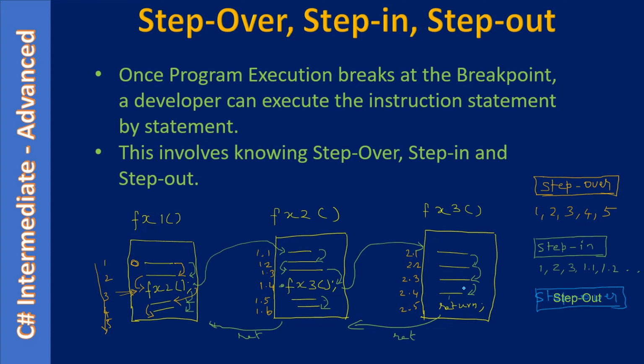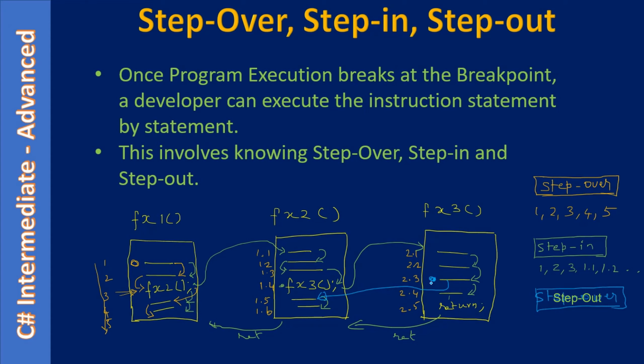For now, let's assume that our breakpoint is here. Once you make step over, what happens? The execution directly reaches the next line, or it will come out of the statement wherever you are.